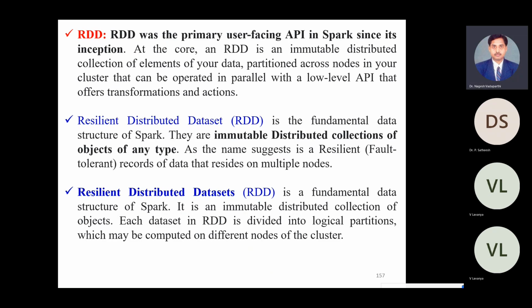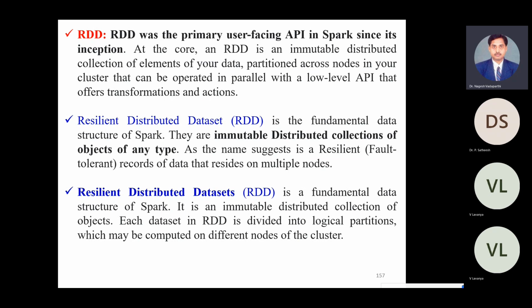Then RDD. RDD is nothing but resilient distributed data. So RDD was the primary user-facing API in Spark since its inception. Inception means the first stage. See, I have created an Excel file or CSV file of stock market data.